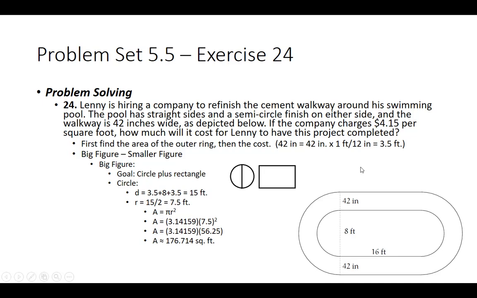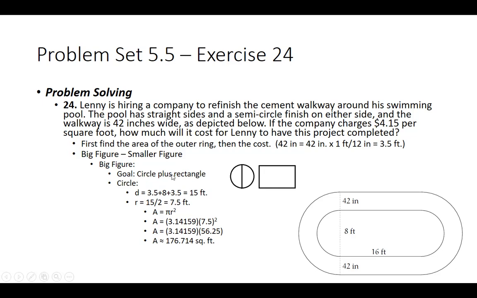We have to follow the same steps for area that we did in the prior problem. We can split the two semicircles off to create a full circle, which leaves a rectangle. And we have this as both a big figure and a small figure. To get the walkway, to get the outer ring, we would subtract the smaller figure's area from the bigger figure's area.